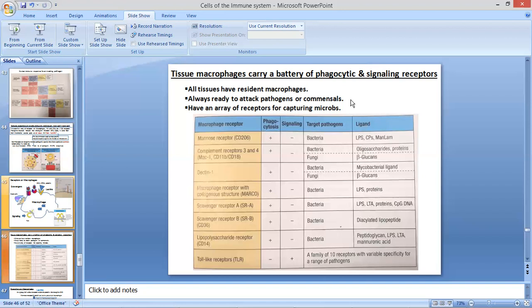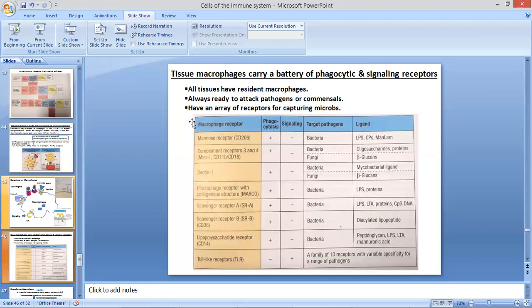But if these commensals somehow breach the mucosal membrane or the skin barrier and enter the body's connective tissue, then these commensals would also be taken up as antigens by the macrophages, and they would act against them with the same impunity.